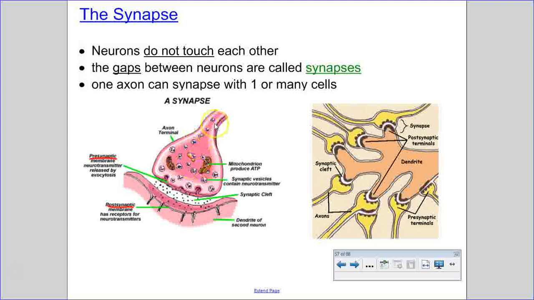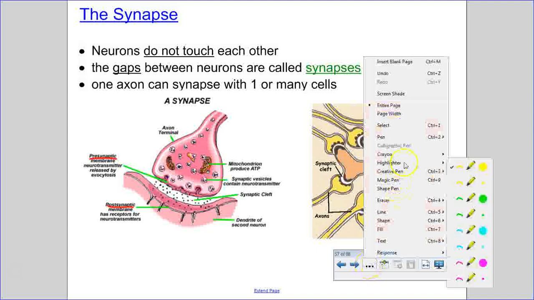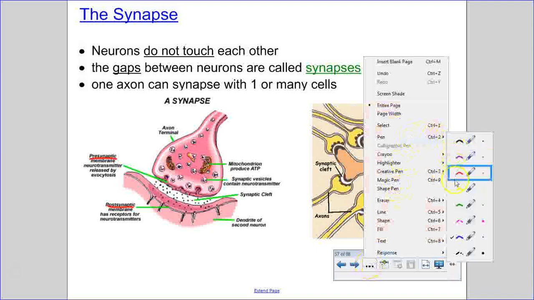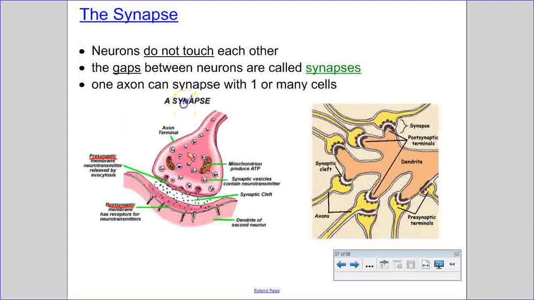Now, in terms of vocabulary, because this neuron is the one that the message travels on before the gap, the message would be going in this direction, right?